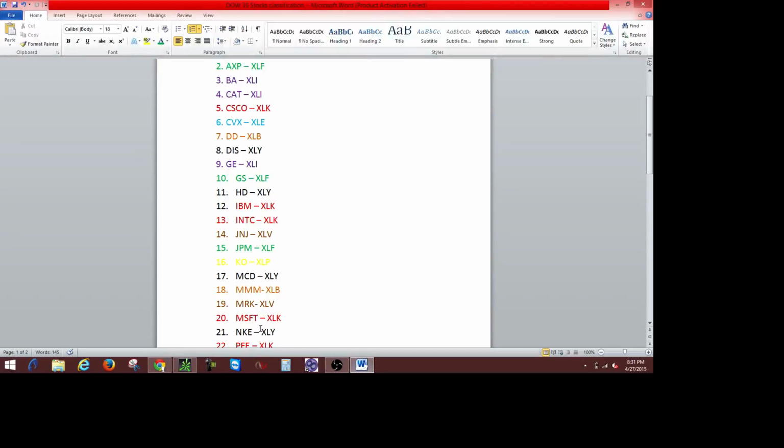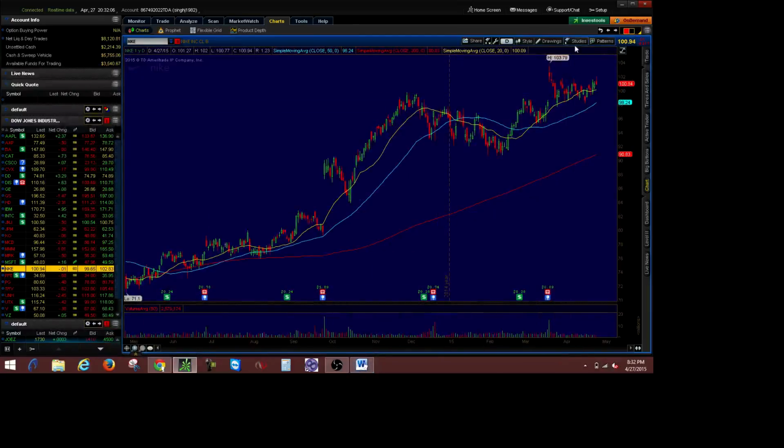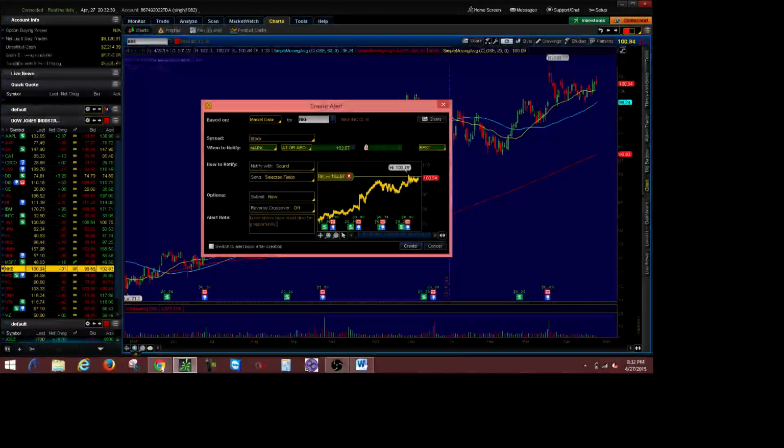NKE, Nike is your XLY. Nike kind of looking interesting, okay. Put an alert right around here, right above the 102 area, okay. A break above here could give a long, okay.